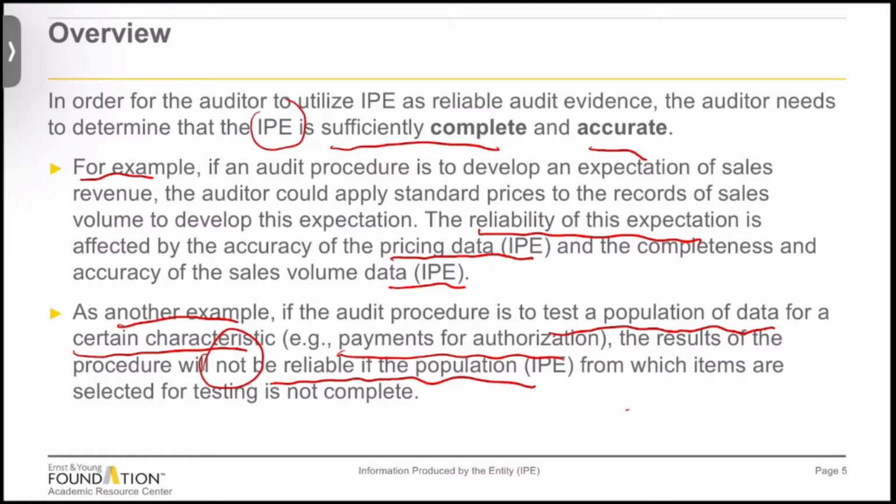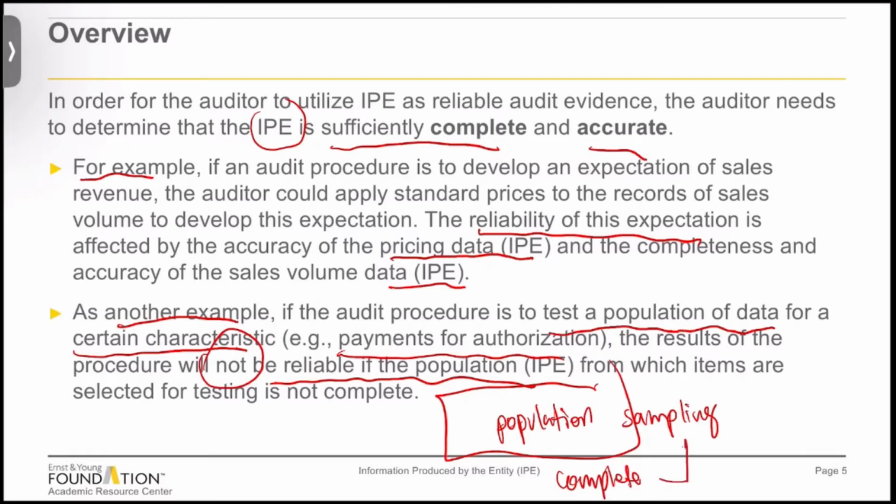As we have known from doing sampling, you have to be sure that you have the whole, complete population first before you can have a reliable and accurate sample.